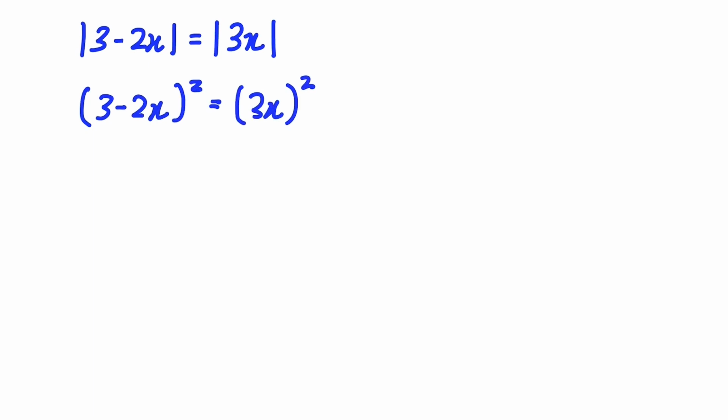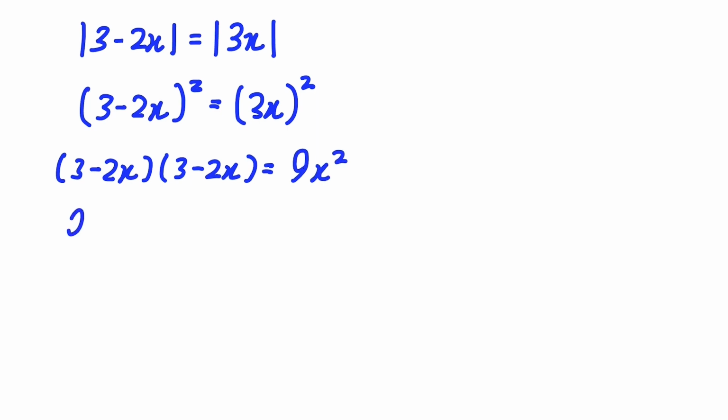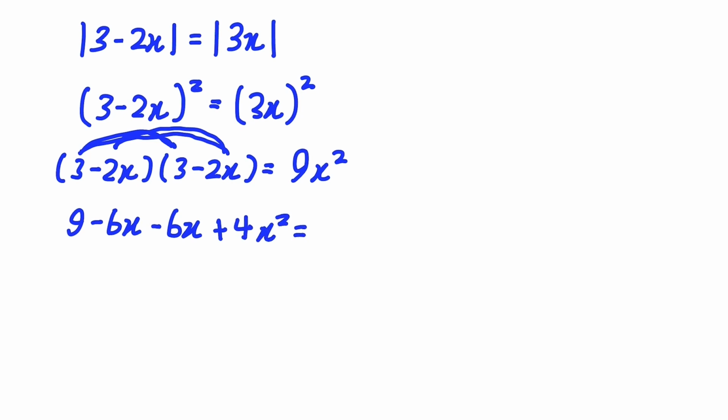We will have negative 2x multiplied by negative 2x equal 3x squared, which you could do directly, which is 9x squared. We will do 9 here, multiply this by this, and this will be negative 6x, and this by this will be negative 6x as well, and negative 2 by negative 2 will be 4x squared.